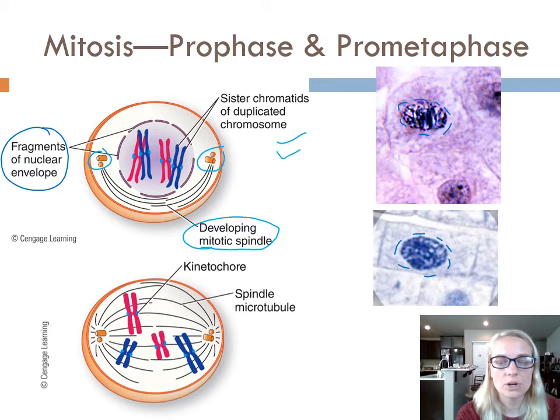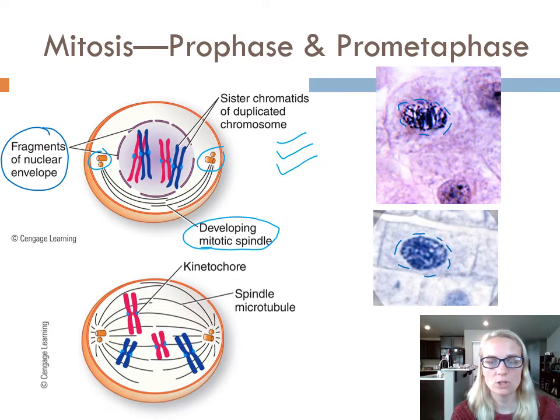The centrioles are starting to migrate. The spindle fiber is starting to develop. The nucleolus is disappearing, right? We don't see an obvious nucleolus anymore. And the chromosomes are starting to show up. So there's a list of the things that happen in prophase.